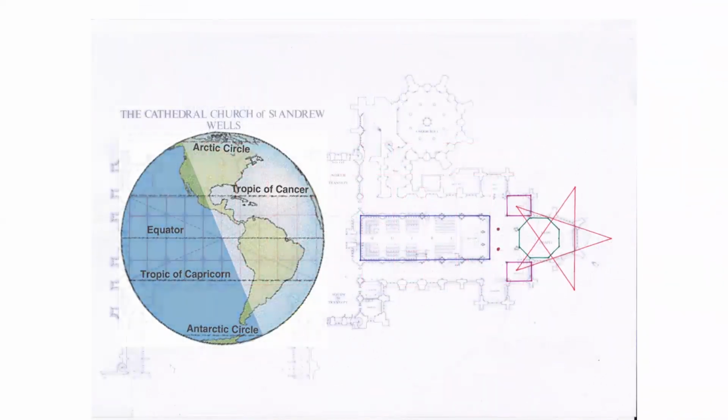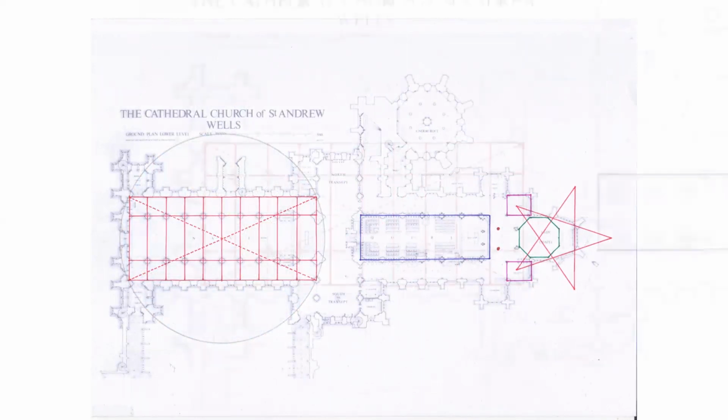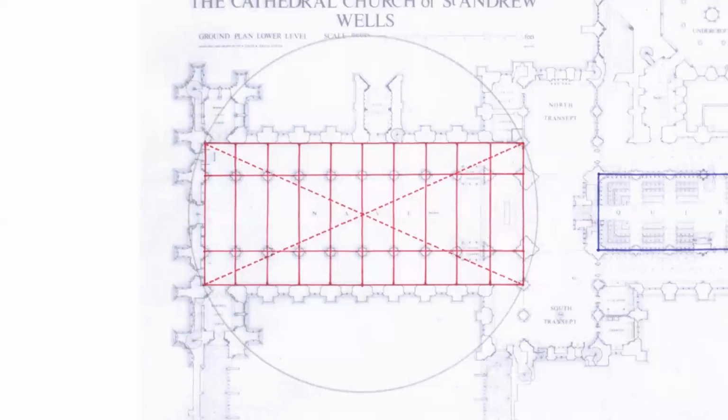Now, this particular type of rectangle has very simple dimensions, and it can be seen in the footage of the nave and the amount of feet that there are. The rectangle itself, as you can see, is 13 by 30.